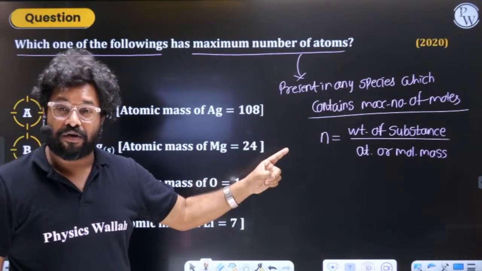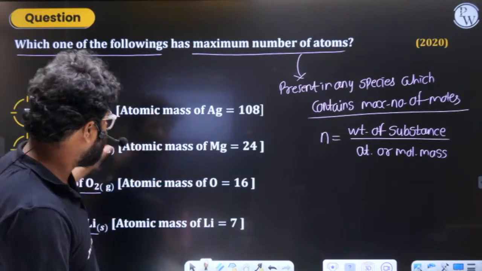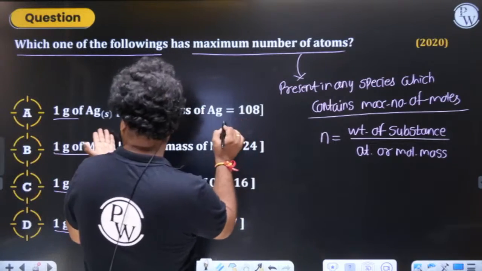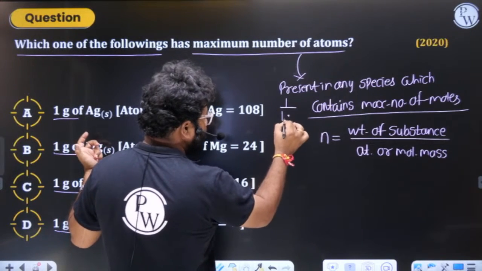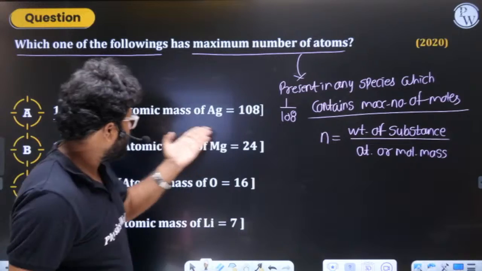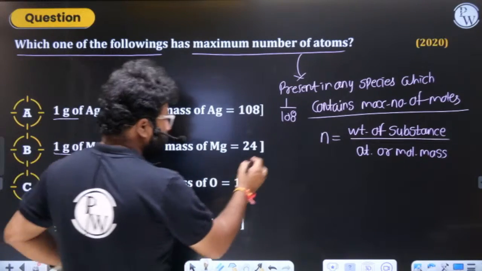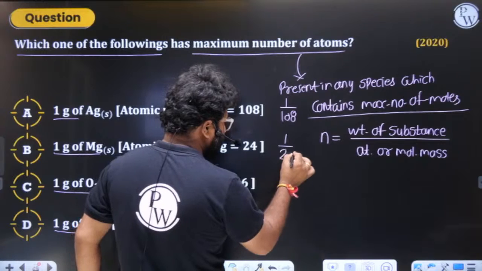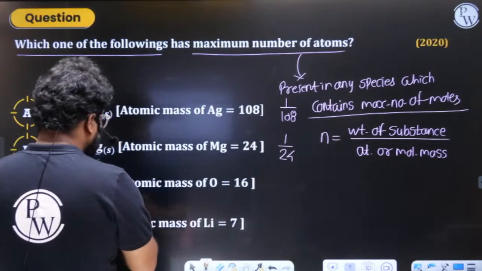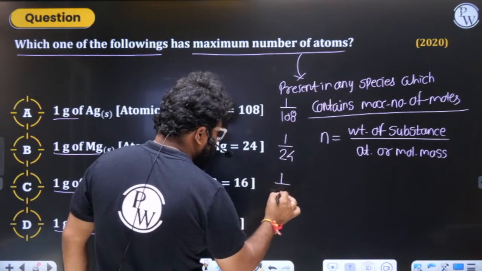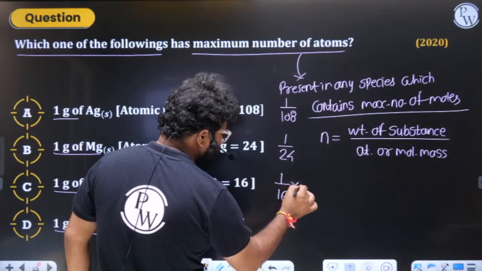The factor which is going to decide here is their atomic or molecular mass, because you can see here, for silver you will have 1 divided by 108. 1 is the amount of substance of silver, and its atomic mass is 108. Here, 1 divided by 24. Here, 1 gram of oxygen, 1 divided by 16 multiplied by 2.